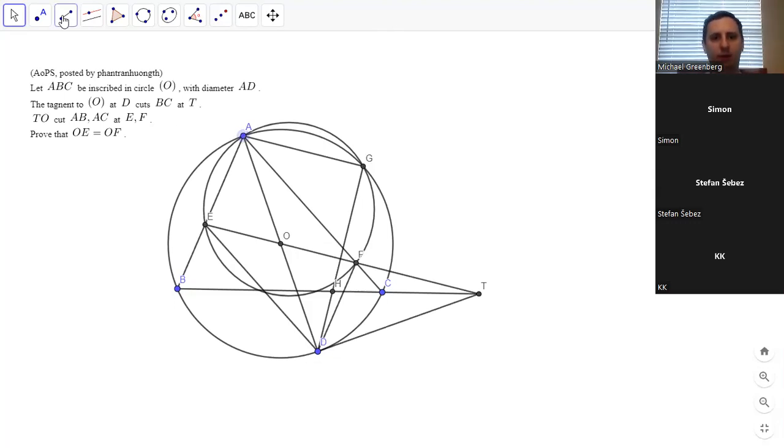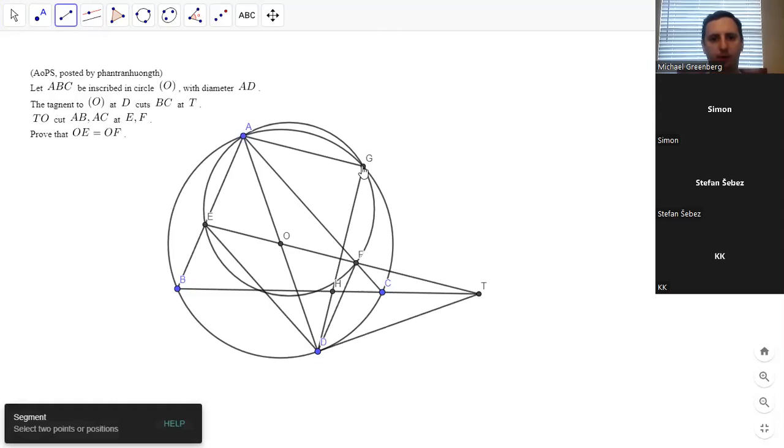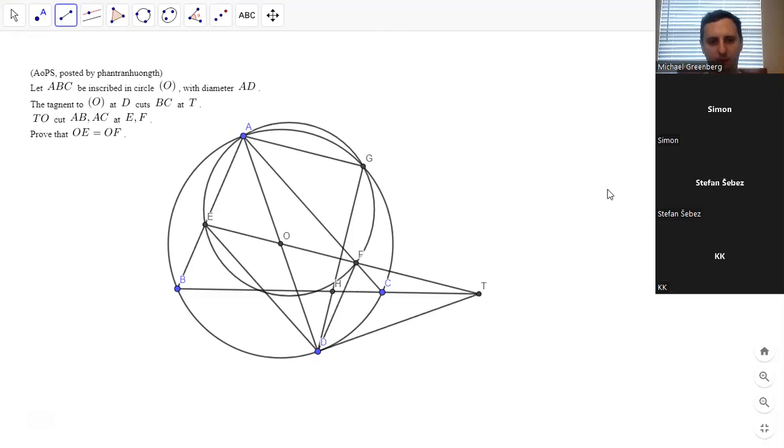So yeah, there's a lot of equivalent things. Like we want to show GD is the polar of T. That would be equivalent.